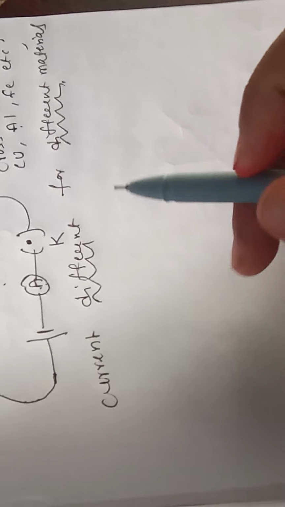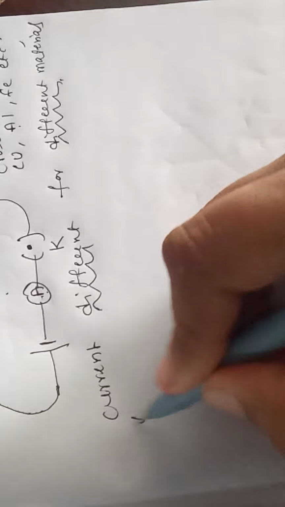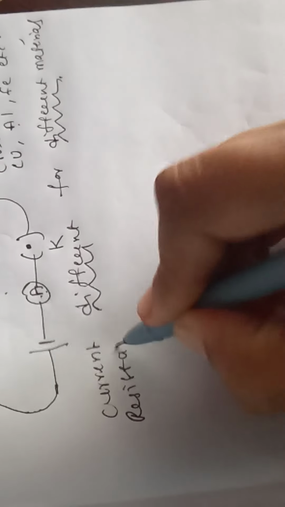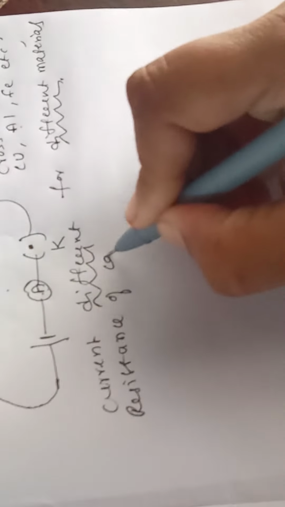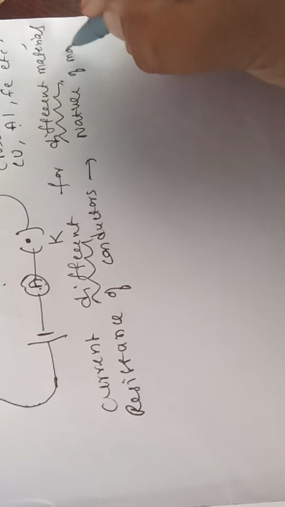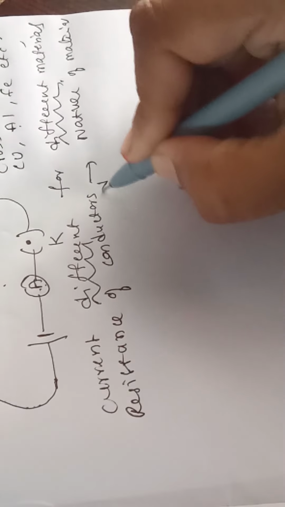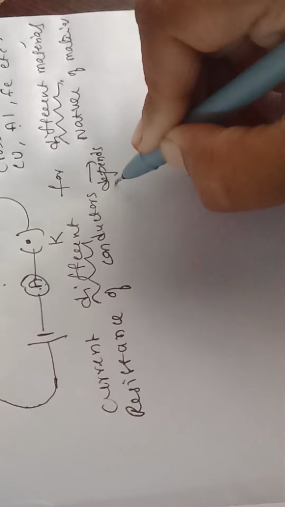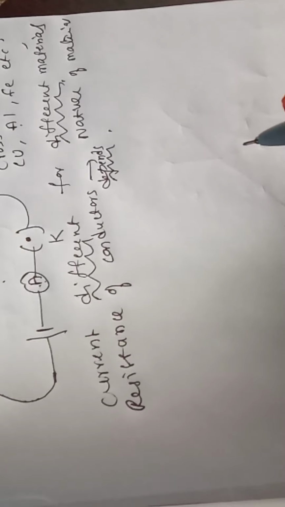So we can say that the resistance of a conductor depends on the nature of material. Now let us go for the second factor. The second factor is length of conductor.